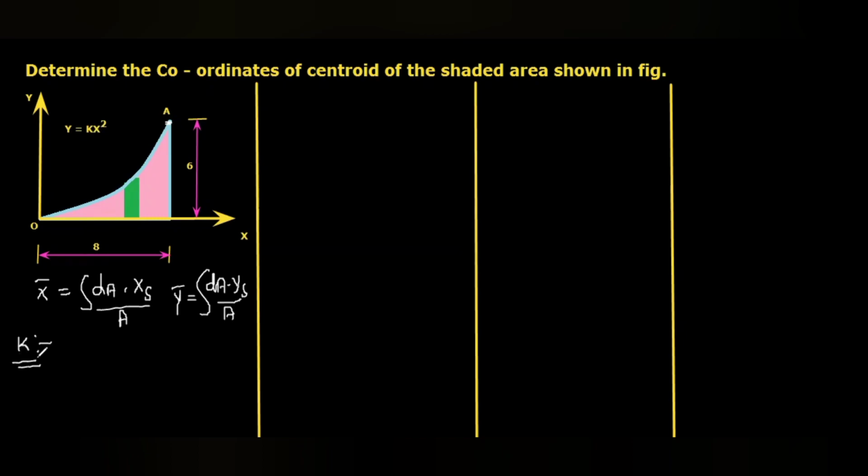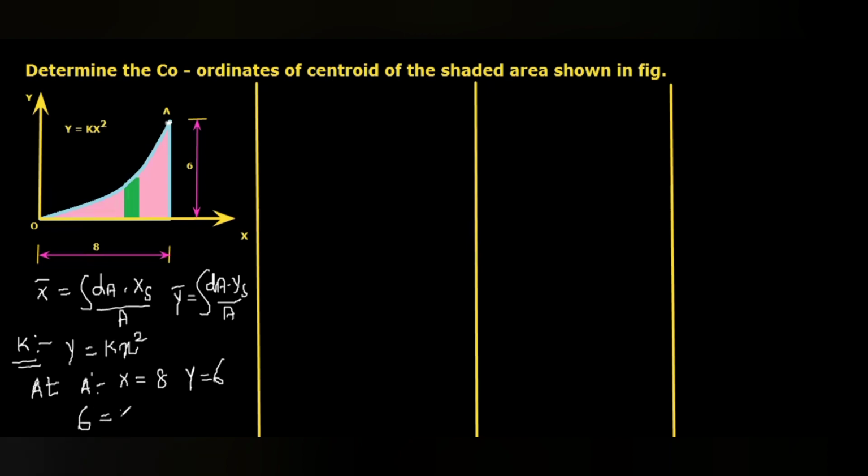So the path equation is y equal kx square. Here you can see at point A, the x value is 8, and the vertical or y value is 6 units. It is a boundary value. So at point A, we can take the horizontal value x equal to 8 units, y equal to 6 units. Substitute in this equation. Here y is 6.